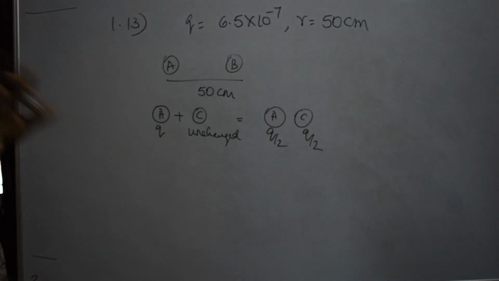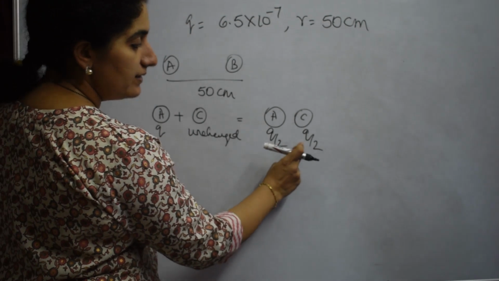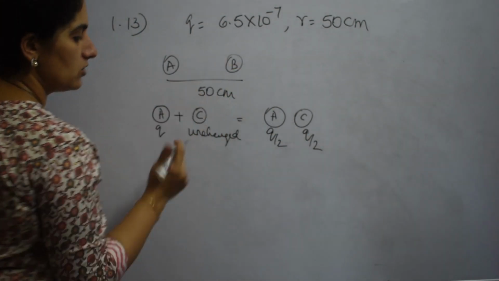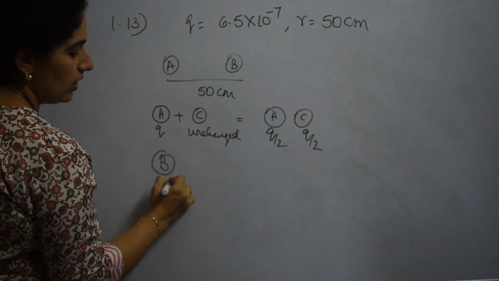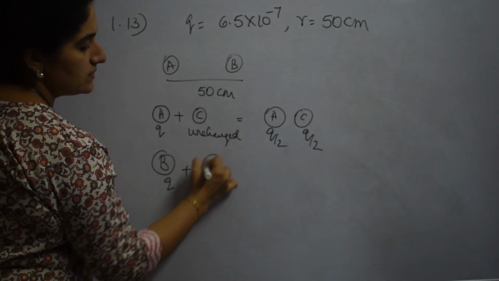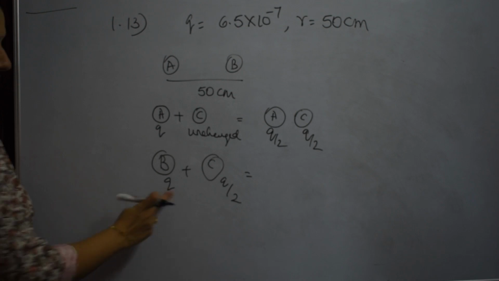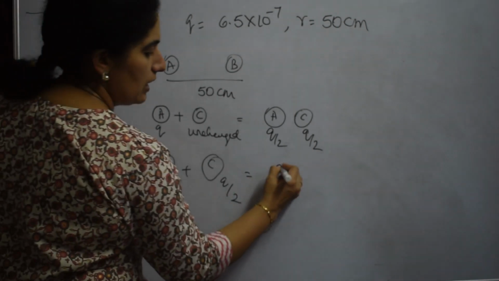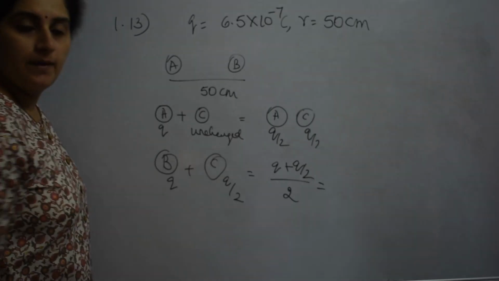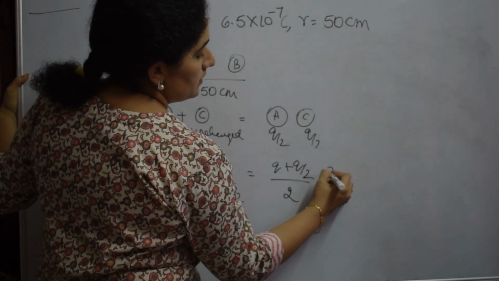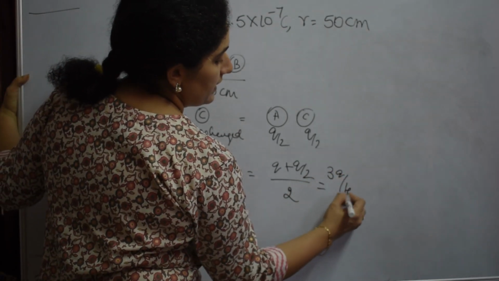Now what is the next step? From here C is removed and then brought in contact with B. B already has Q. Now C has Q by 2. So I will have Q plus Q by 2, and you have to average that. 3Q divided by 4.